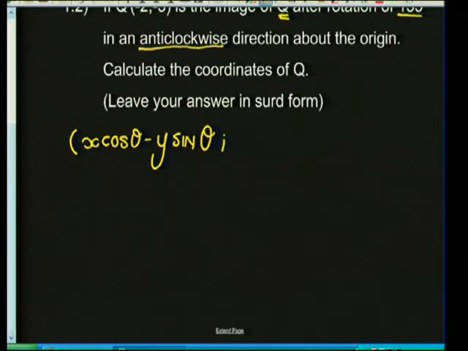And the y coordinate is going to be y cos theta plus x sine theta. Okay, so that's the formula that you want to have at your fingertips. It's one of the formulas I want you to learn and be familiar with so that you can immediately write it down as soon as you see a question like this. And from here, it's a case of subbing in and applying it.